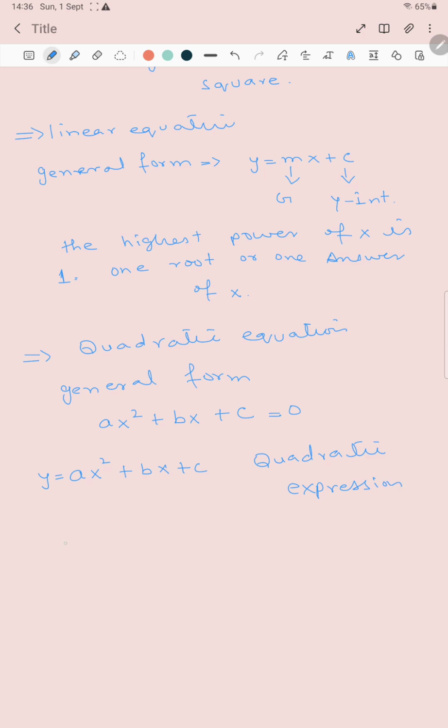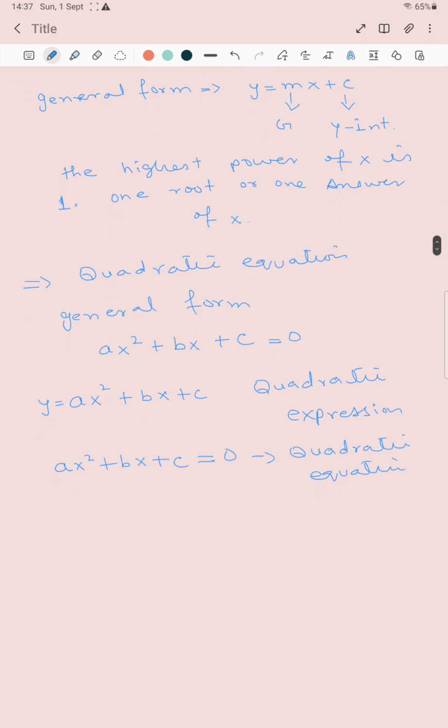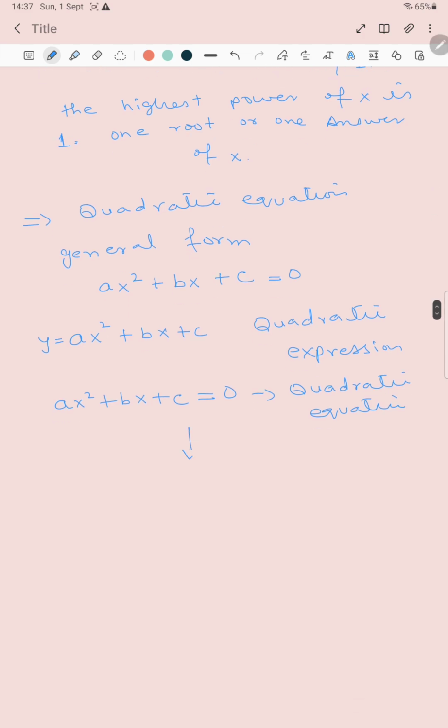But when you are writing ax square plus bx plus c equal to 0, this is called a quadratic equation. Because now it is equal to 0, that makes it a quadratic equation. So in this case, you will always get two roots or two answers of x.